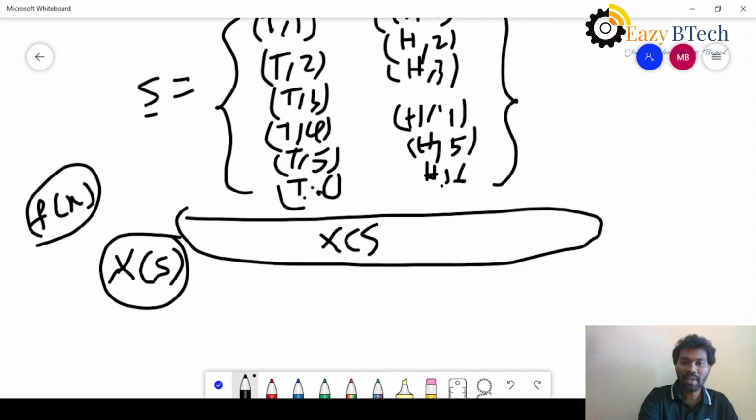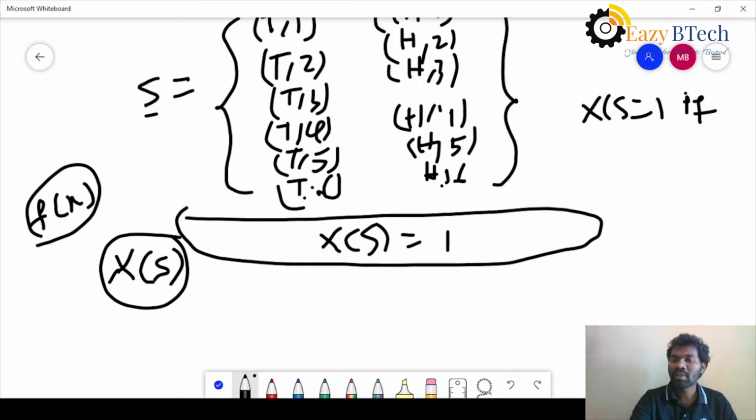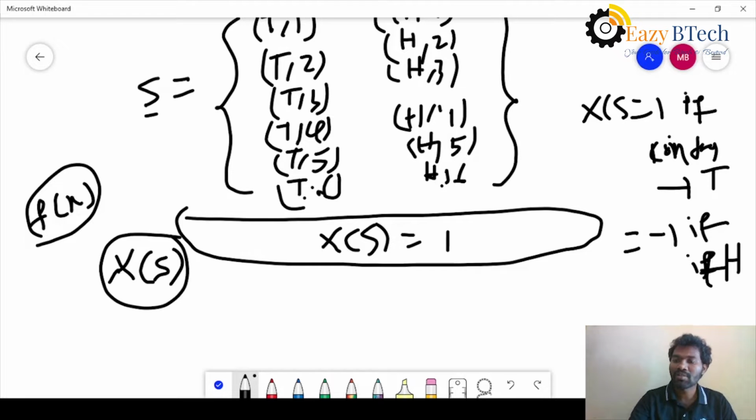Suppose I define X of s equal to 1 if the coin faces tail, and minus 1 if it is head. So if the coin faces tail, I will take the value as 1.